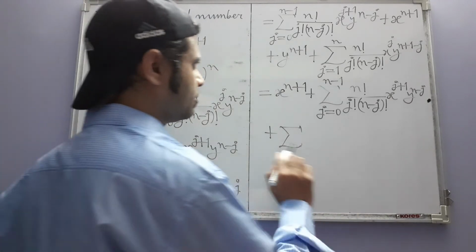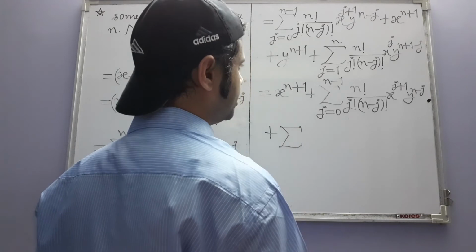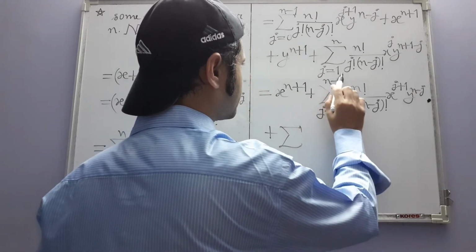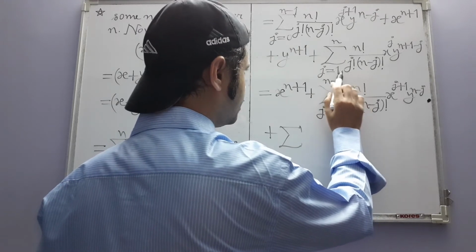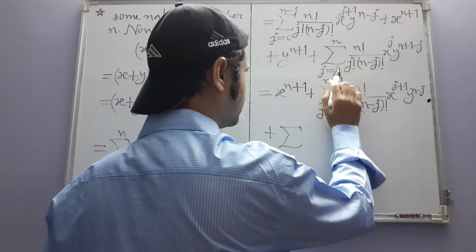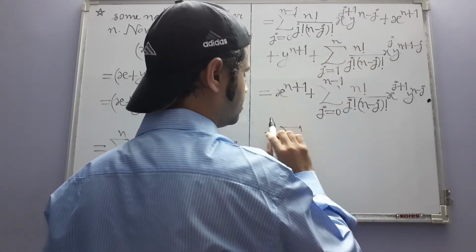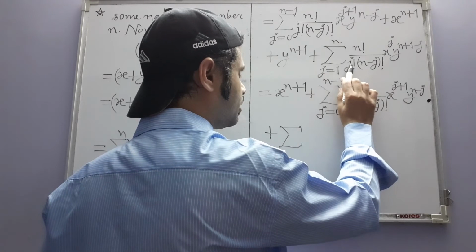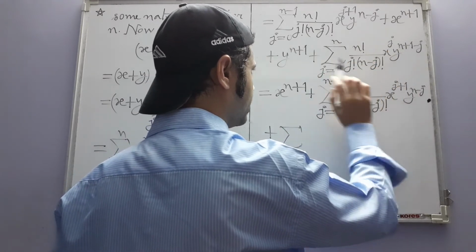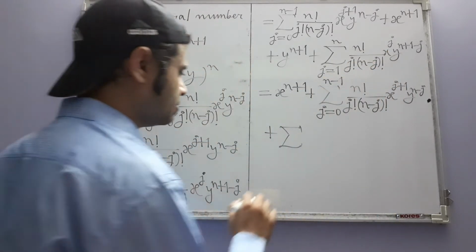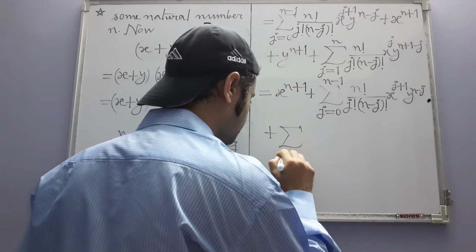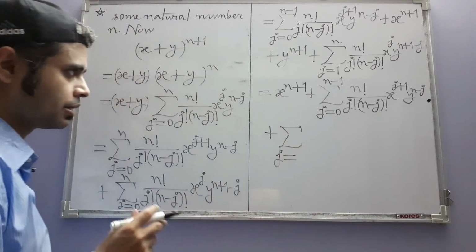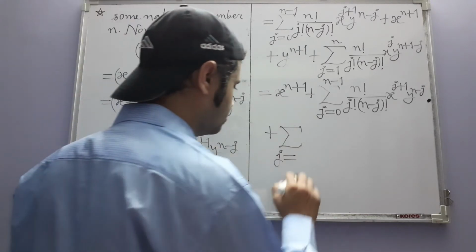You recall that you can do something like this. You can subtract an integer from both the lower limit and the upper limit, but when you do that, you have to add that integer to that index. That means in place of this series we are going to write an equivalent one. Both of them will have the same value.